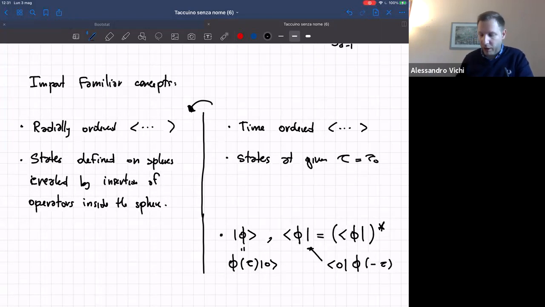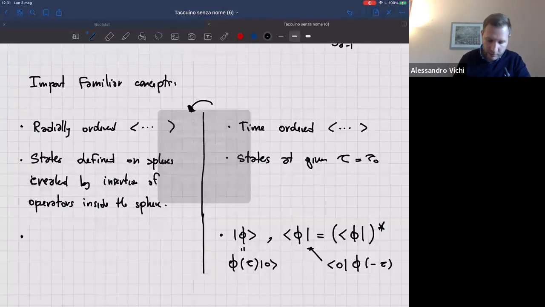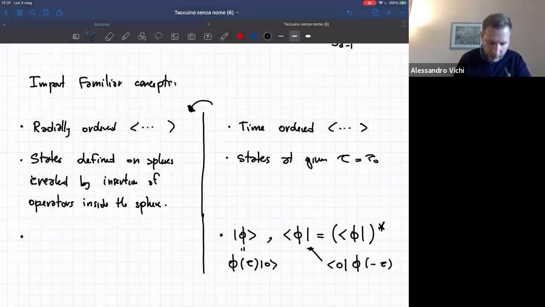This is a standard way of defining conjugation in Euclidean quantum field theory, and it gives us a way to define conjugation in our radially quantized conformal field theory. In particular, we get a way to define states.